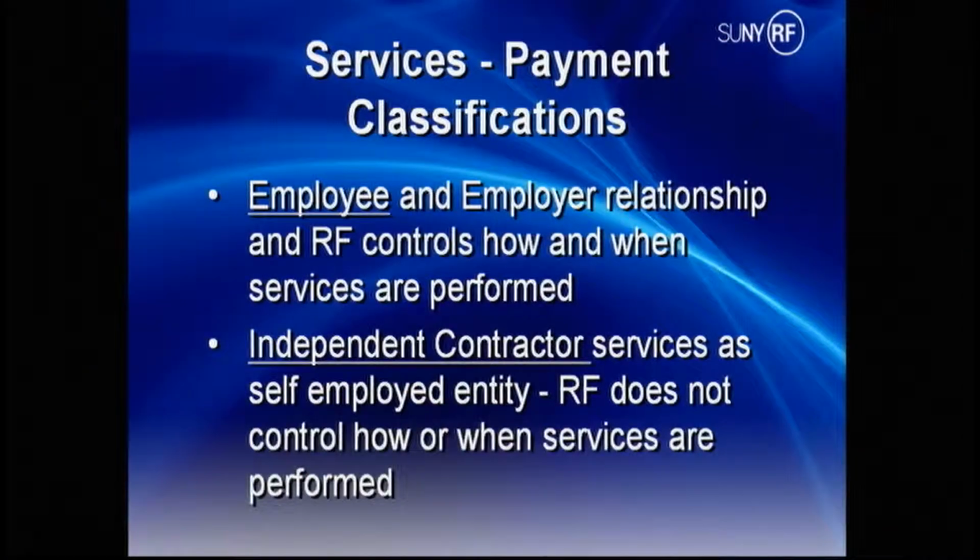So for an employee, just at a high level, there's an employee-employer relationship, which means the RF controls how and when those services are performed. We're going to look at the IRS categories of evidence that they would look at. So is there financial control, meaning whether I am here, I'm working my hours, I get paid for that.